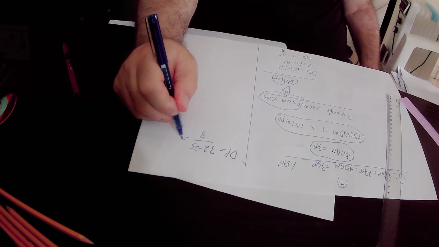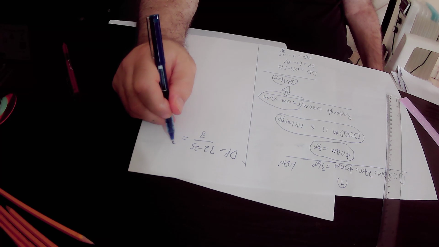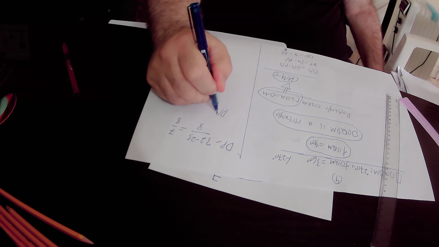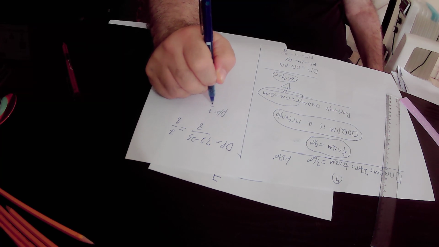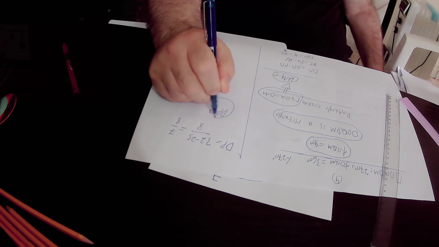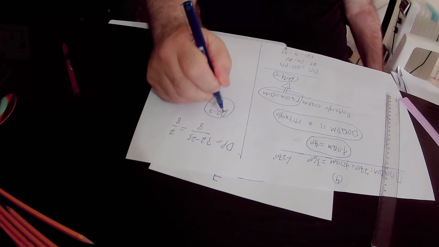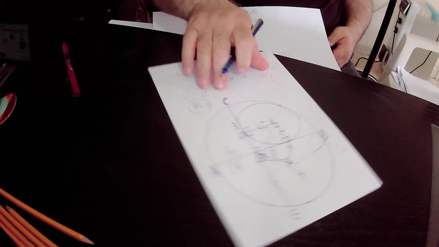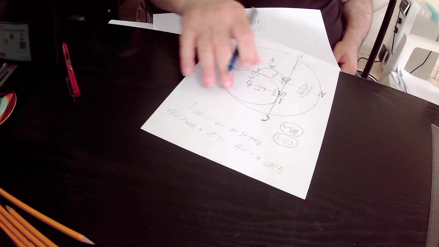So DP equals 32 minus 25 is 7, so in conclusion DP equals 7/8. So we can write here that DP equals 7/8.